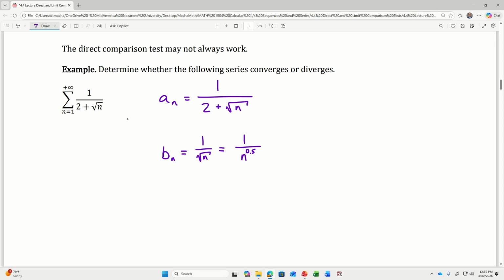And this would be a p series. And this p series converges or diverges?